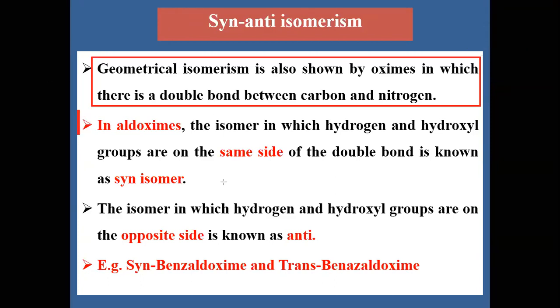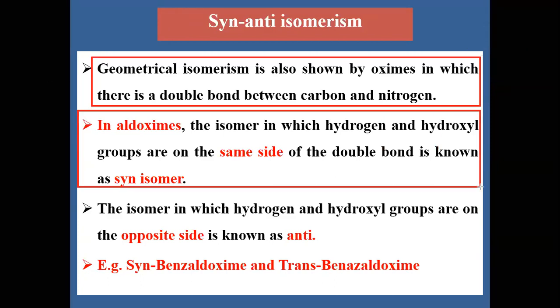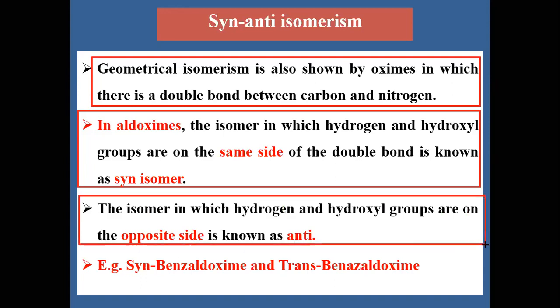But here we're going to study aldoximes. Now, in aldoximes, the isomer in which hydrogen and hydroxyl groups are on the same side of the double bond is known as syn isomer. And the isomer in which hydrogen and hydroxyl group are on the opposite side is called anti-isomer. Example is syn benzaldoxime and trans benzaldoxime.